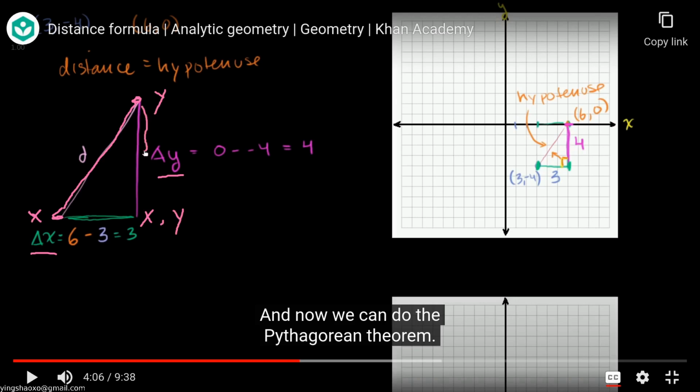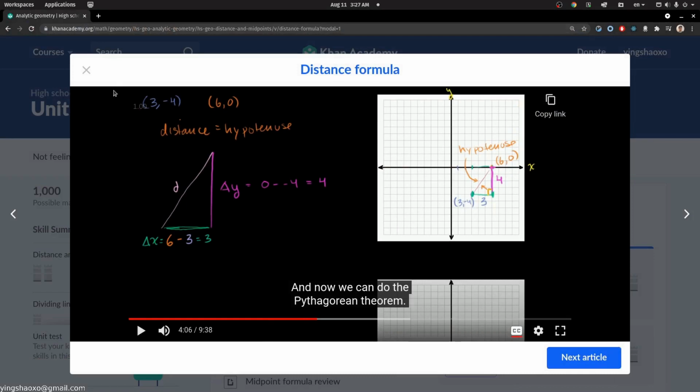And when we get these side lengths, after we got the delta x and the delta y, we do the Pythagorean theorem. I guess that's quite easy to understand. Nothing fancy out there, but in China they will never tell you where the distance formula comes from.